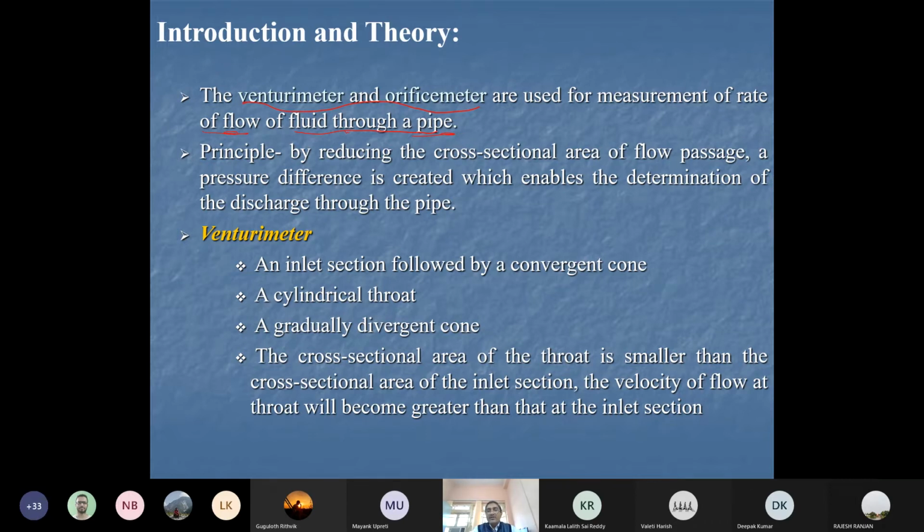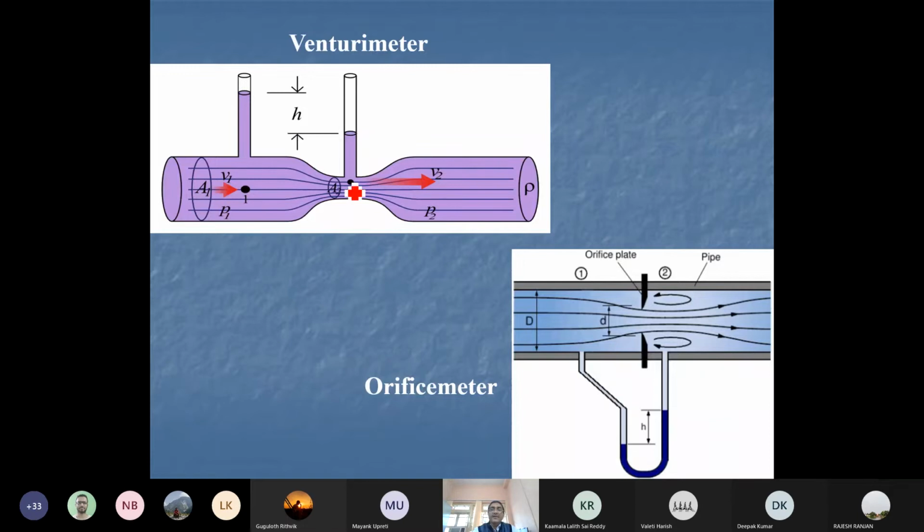What principle does it use? Simply, by reducing the cross-sectional area of the flow passage, a pressure difference is created which enables determination of discharge through the pipe. So this is basically the Venturi, and this is the orifice. If you recall, we are developing this by using a simple plate which has a lesser diameter of opening. So this is the opening diameter and this is the complete plate in the pipe flow system.